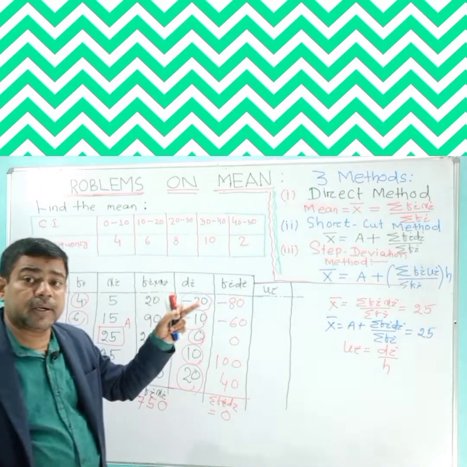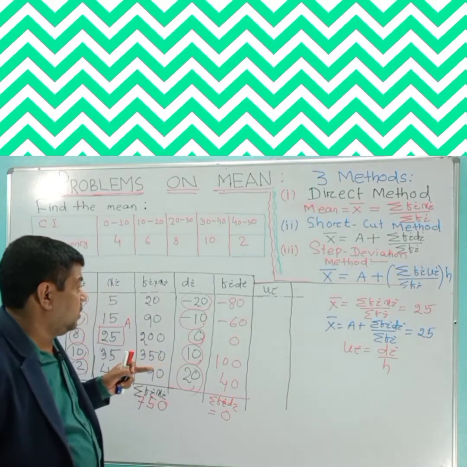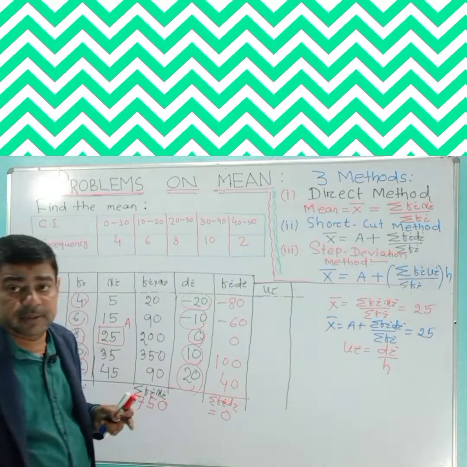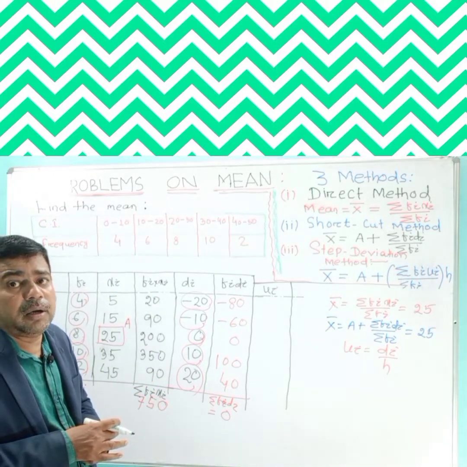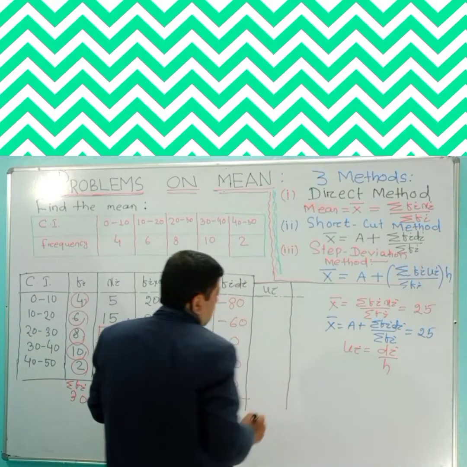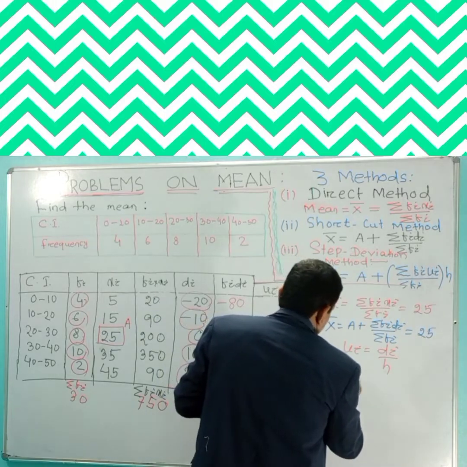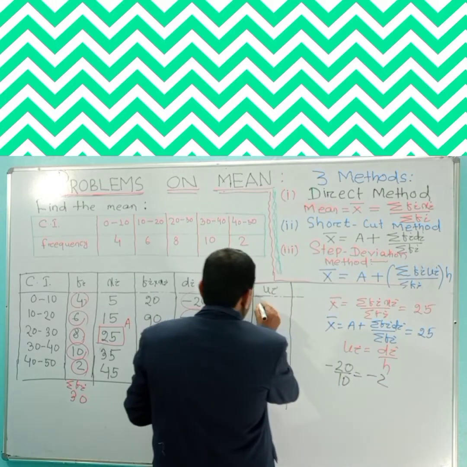Here the common factor is also 10. So let us divide this di by the class size, because the class size remains the same throughout the class intervals. So ui is equal to what? Minus 20 by class size 10, which is minus 2.